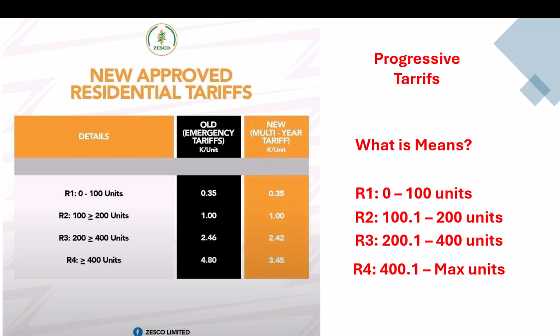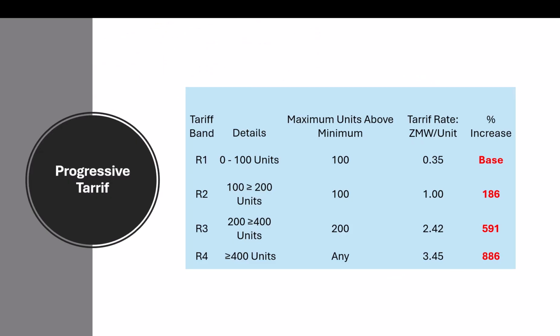To put it in perspective, we can use the cost of energy in band 1 as a base. In the last column, where we have the percentage increase, we use band R1 as the base. If we move from R1 to R2, you have an increase in the cost of your unit by 186%.